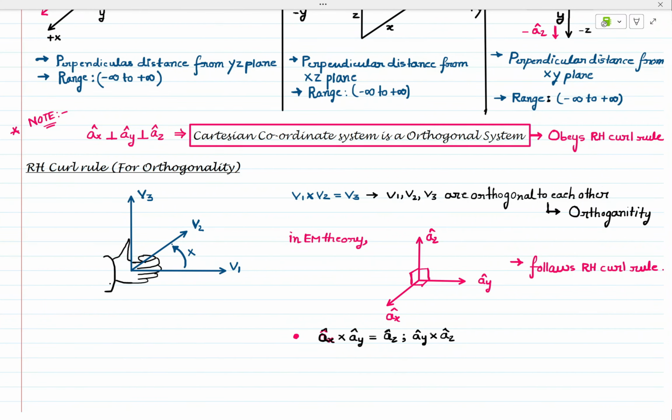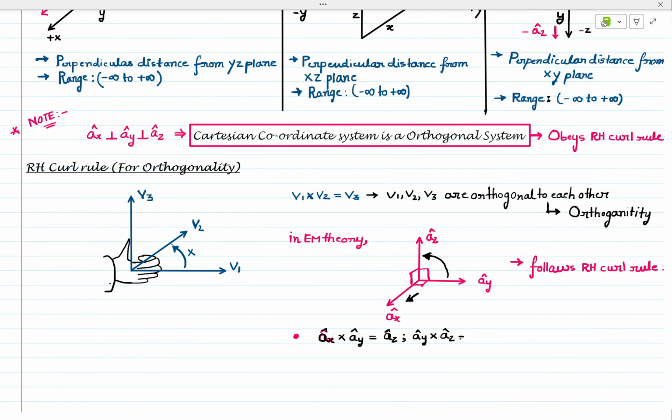When I write ay cross az, that means you have to move your four fingers from the ay direction to the az direction. If you move your four fingers from ay to az, you will see that your thumb will be in the direction of ax.